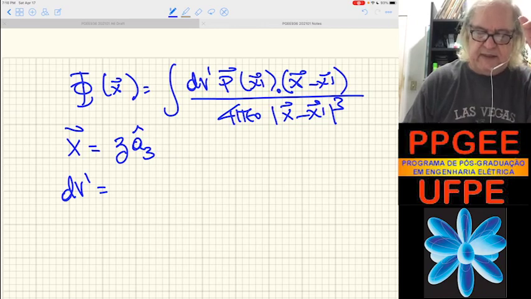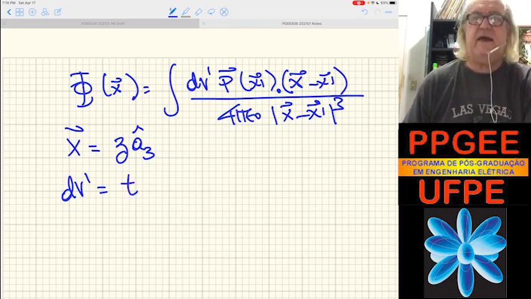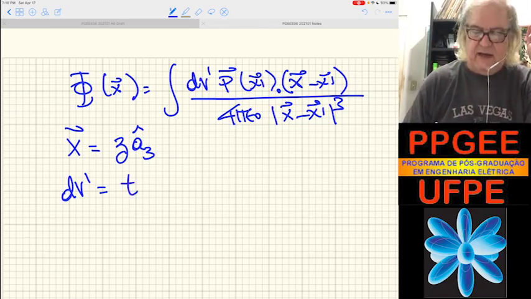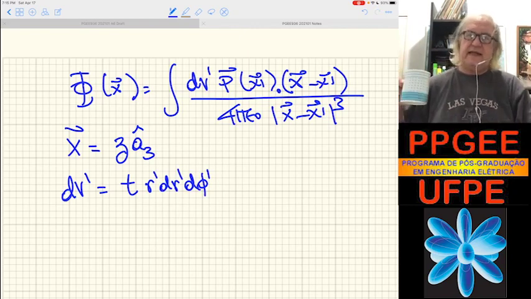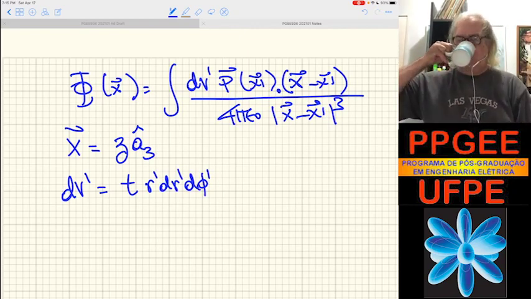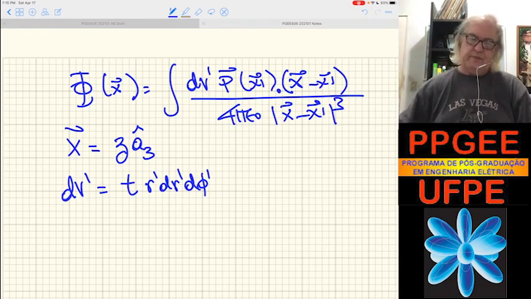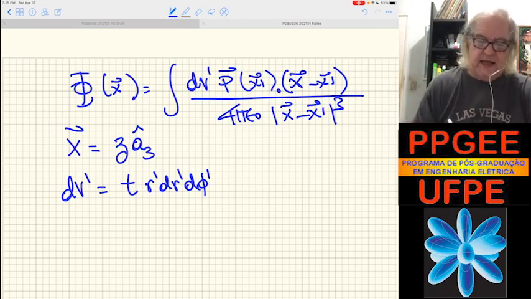So we're going to just put dz equals t, okay? So the remaining part of the volume element is r prime dr prime d phi prime. That's the second thing that we have to know. And also the location x prime, right? Let's look at the disk.